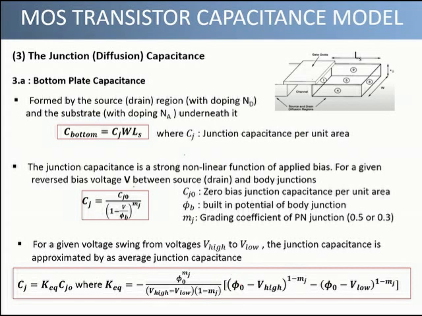Putting the values of V high and V low, the grading coefficient and built-in potential, we can obtain Keq, and from this we can obtain the junction capacitance per unit area.